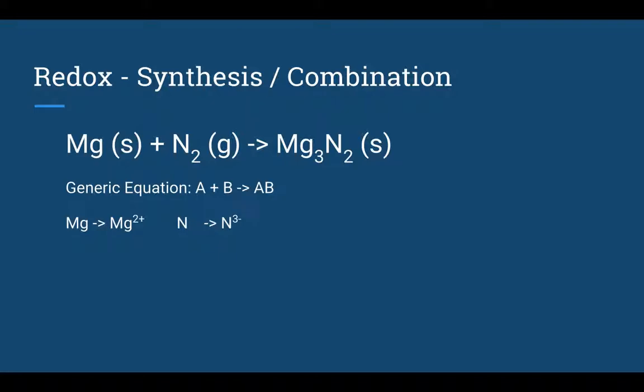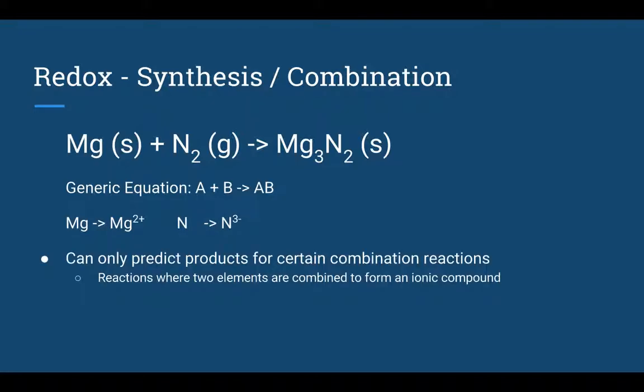A few things. Like I said, we're only going to be able to predict the products of a synthesis reaction if we have two elements combining to form an ionic compound. So we're going to limit what we're expected to know in terms of which synthesis reactions we can predict the products for.